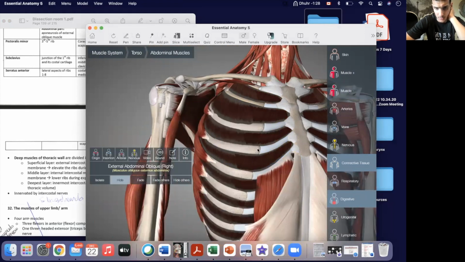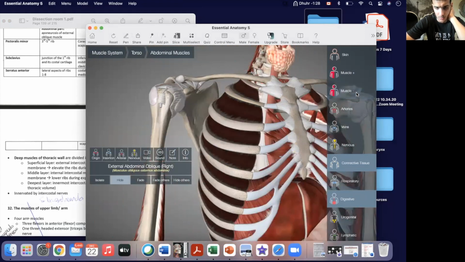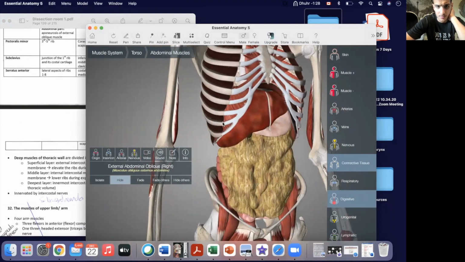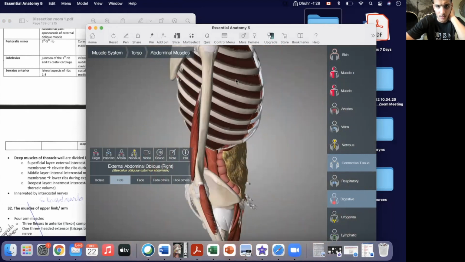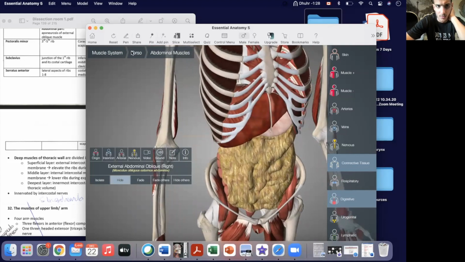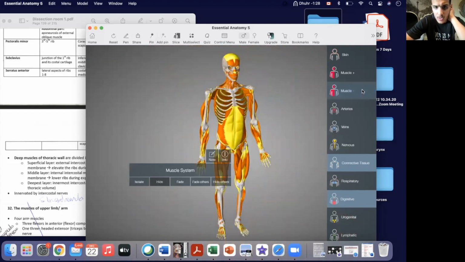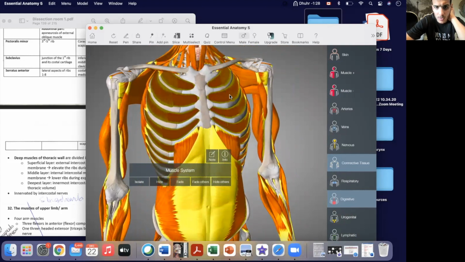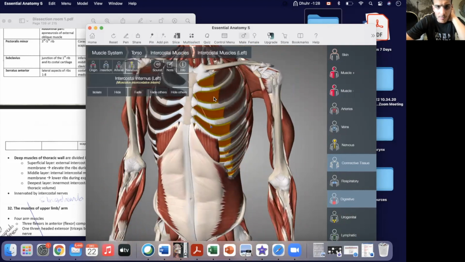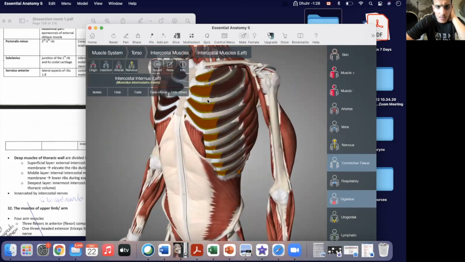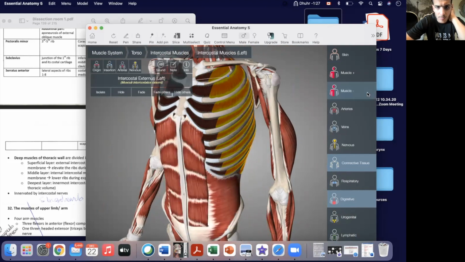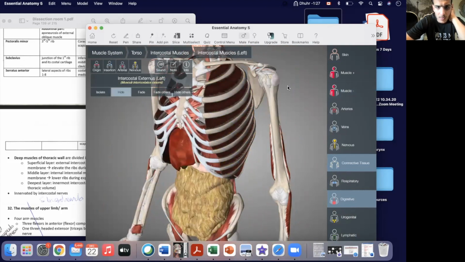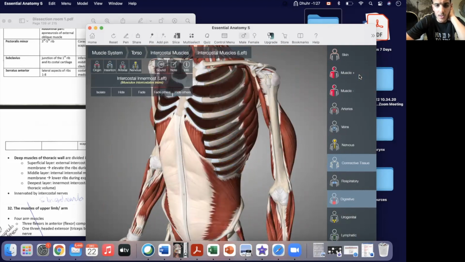Okay, let's subtract muscles and see where we can go. Yes, internus, externus, there we go. And that, what is that? Innermost, you see? So these are how the deepest muscles are.